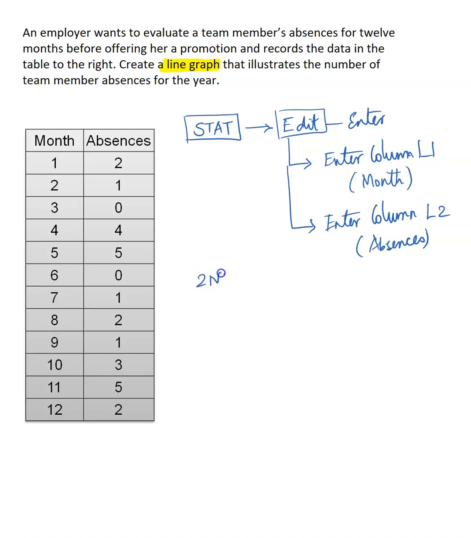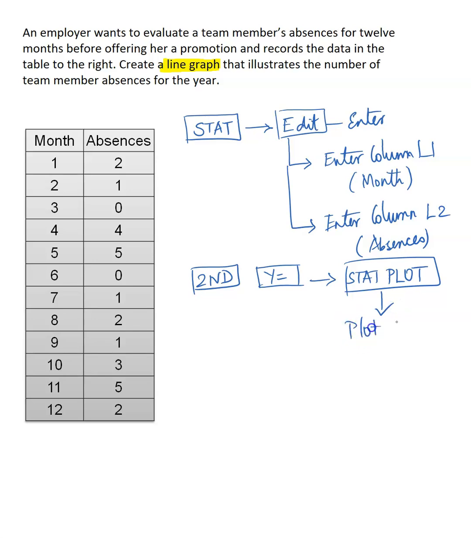Then you go to the second y equals, and that gives you the stat plot. Then go to plot 1. On. So go to the second one for the type.